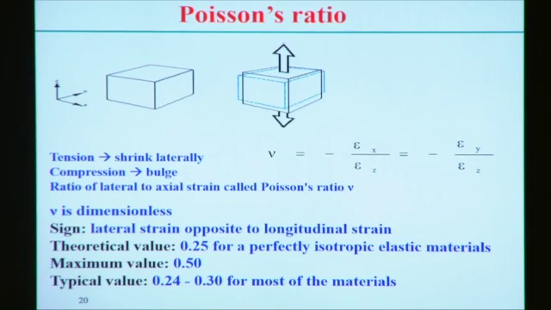So how can you define the Poisson's ratio in this case? The first figure indicates the undeformed state, but if we apply the load, then it will try to deform, with extension in one direction, but in the other two directions it can go through contraction. So the Poisson's ratio is defined as the lateral strain to the axial strain, that is negative of epsilon x by epsilon z or negative of epsilon y by epsilon z.